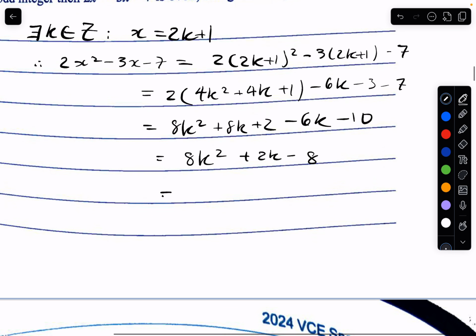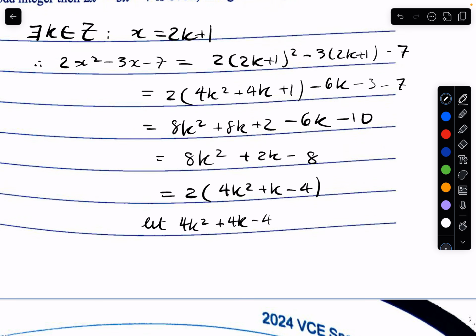So you can say that's 2 times 4k squared plus k minus 4. Let 4k squared plus k minus 4 equal to m. Therefore, I'll just write equal to 2m, where m equals that, and m is an element of integers.